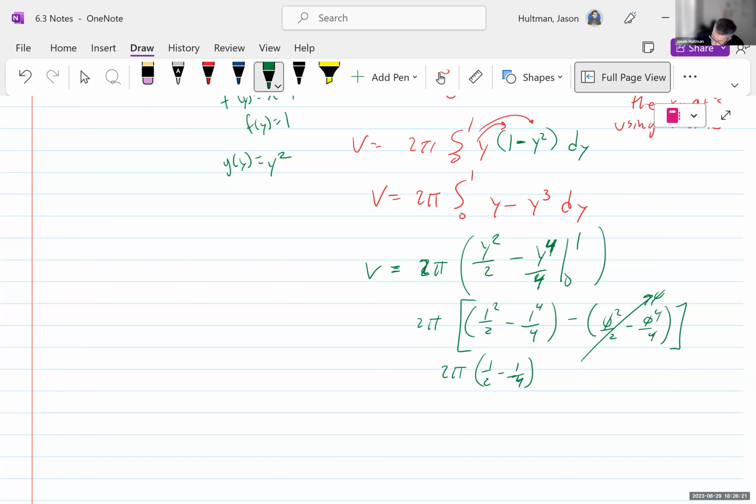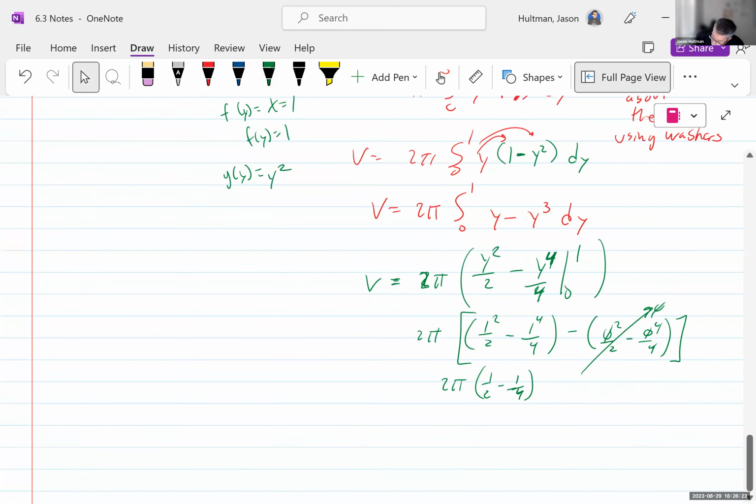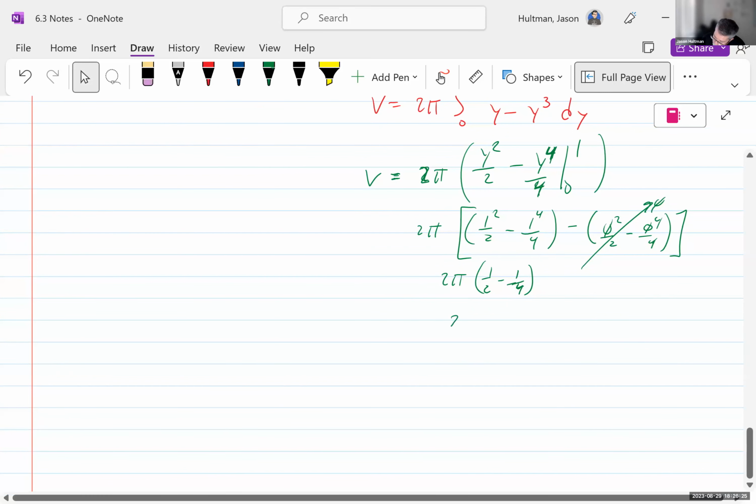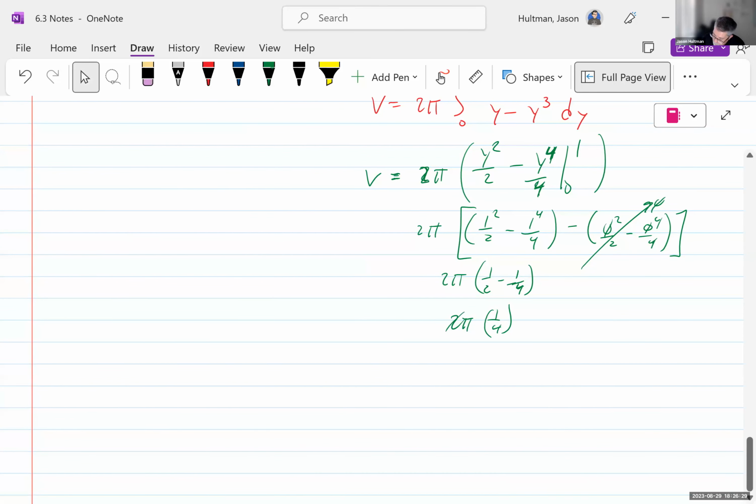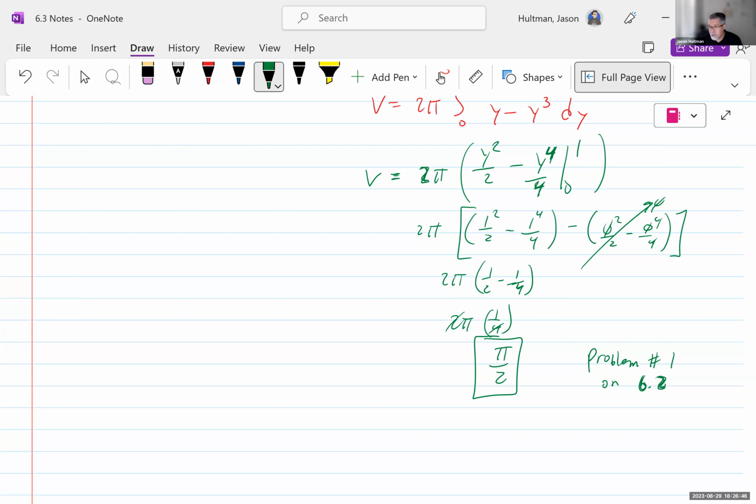2 pi, and we get 2 pi times 1/4, which is pi over 2. And that's exactly what we got for problem number 1 on 6.2. Now, which method was harder?